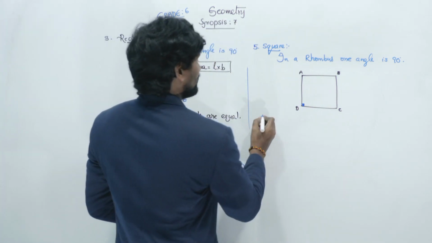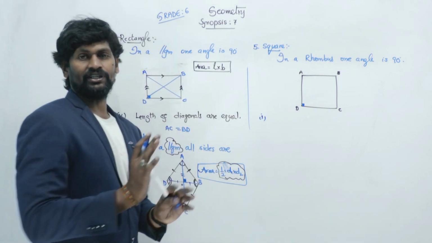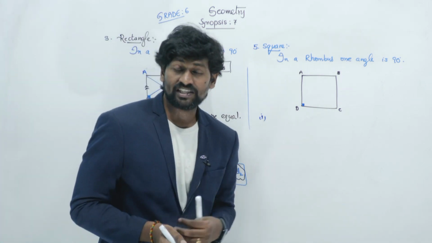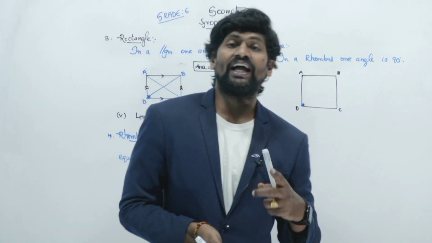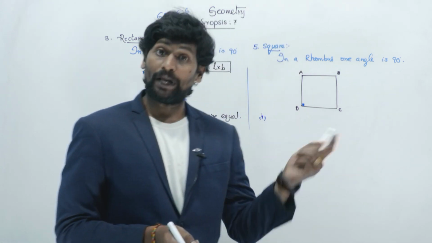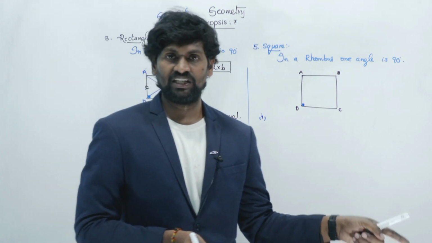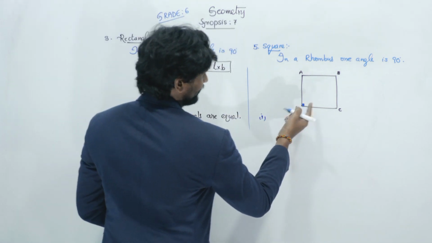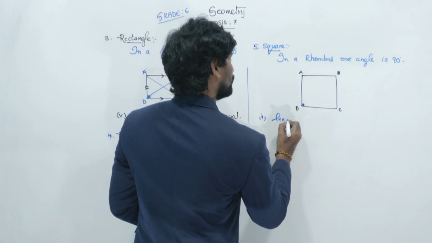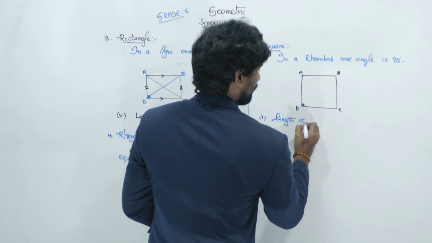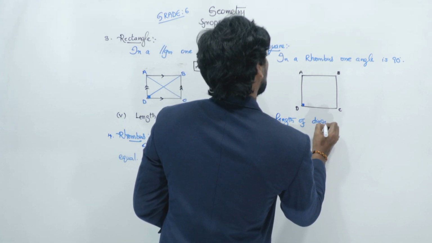As it follows all the properties of a rhombus: opposite angles equal, opposite sides equal, diagonals bisect each other perpendicularly. And extra, since it has 90 degrees, the lengths of the diagonals are equal.